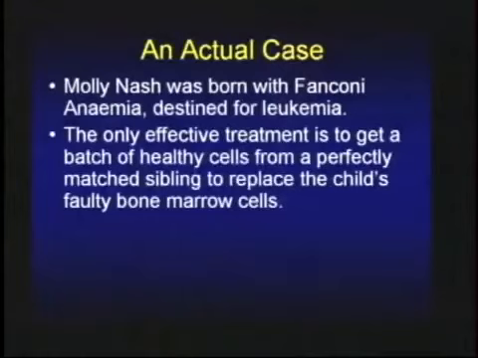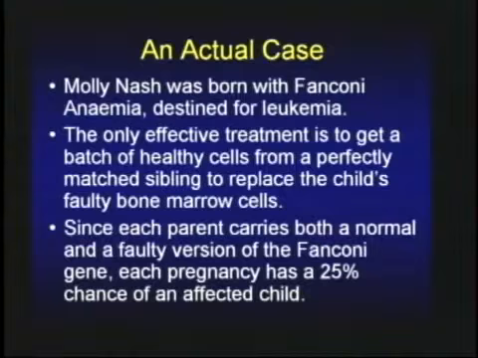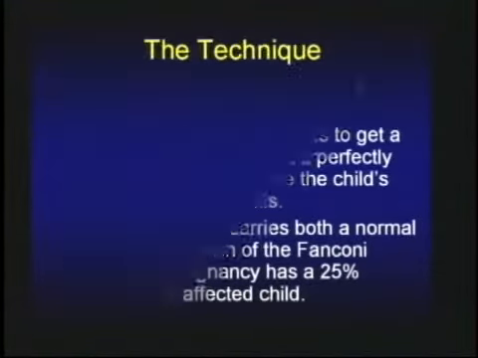Molly Nash was born with Fanconi anemia, destined for leukemia. The only effective treatment known is to get a batch of healthy cells from a perfectly matched sibling to replace the child's faulty bone marrow cells. And since each parent carries both a normal and a faulty version of the Fanconi gene, each pregnancy has a 25% chance of having an affected child subsequently.